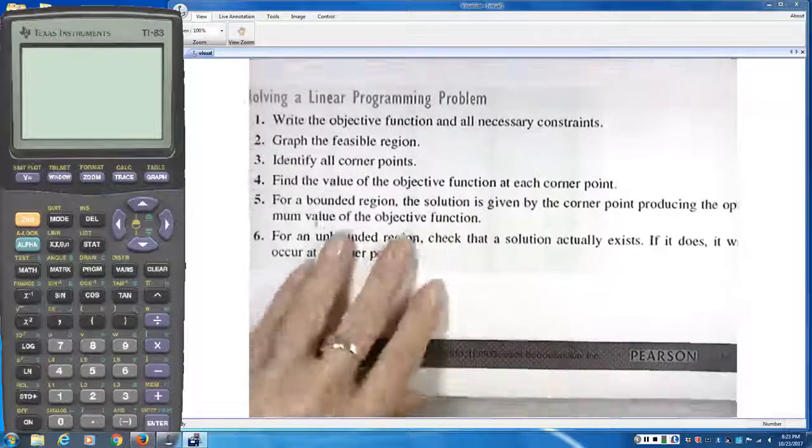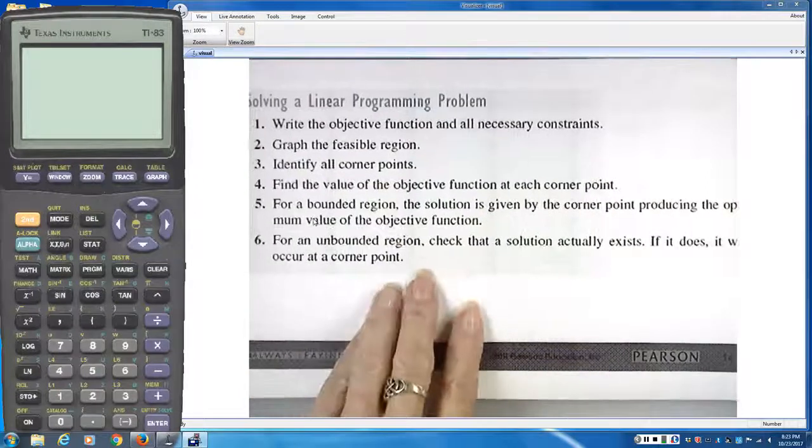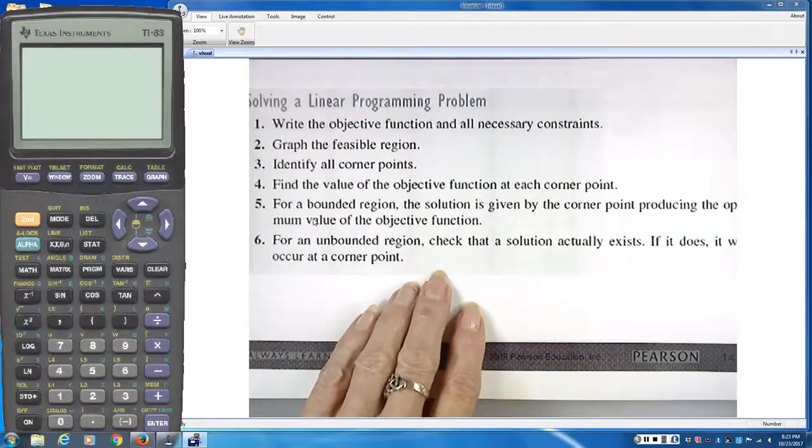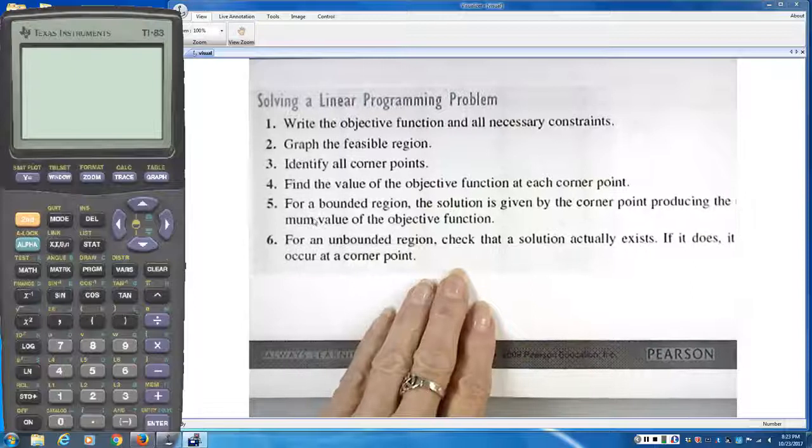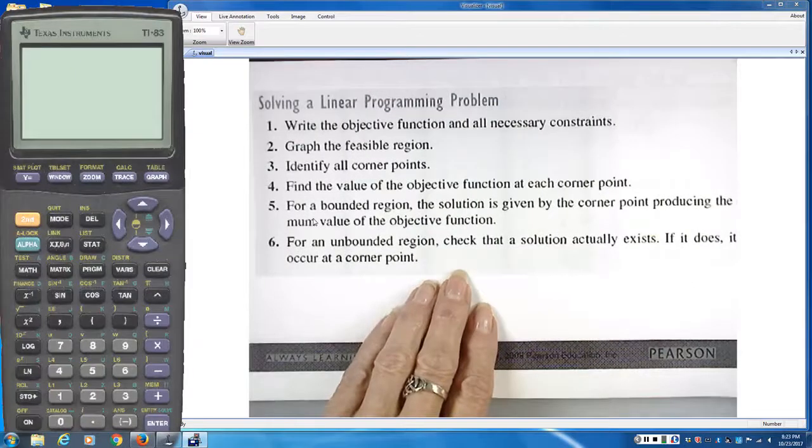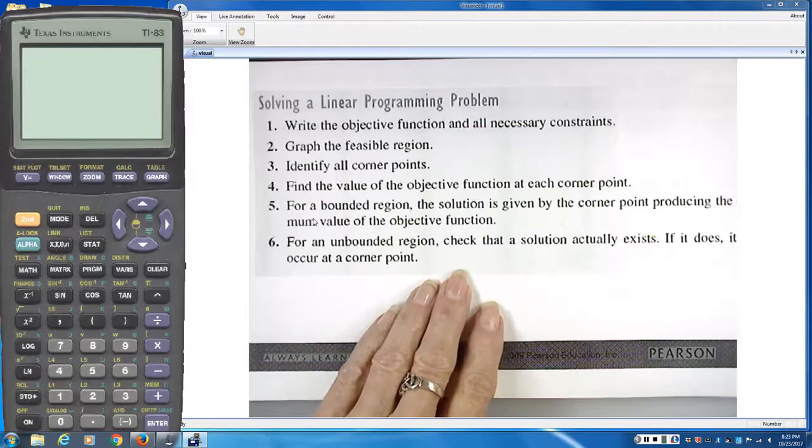So this is the summary. Is this on your notes? This is the summary of everything that we do to solve these problems. Okay.